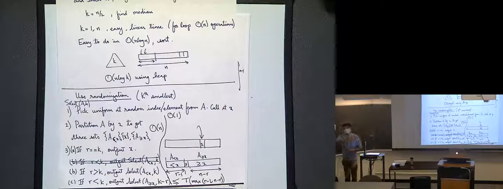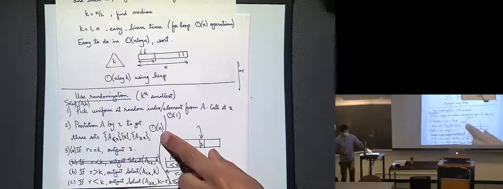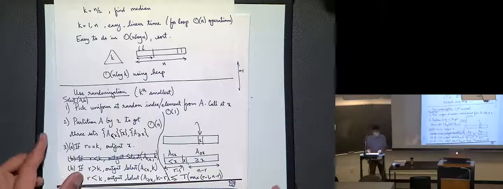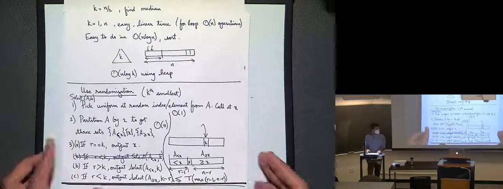You can just do a scan of the array and copy things separately if you want to. But there's a way of doing it without using extra memory. So the running time is O of n for the partition. It's just one scan over the array. It's not at all a complicated algorithm. It's actually quite simple.